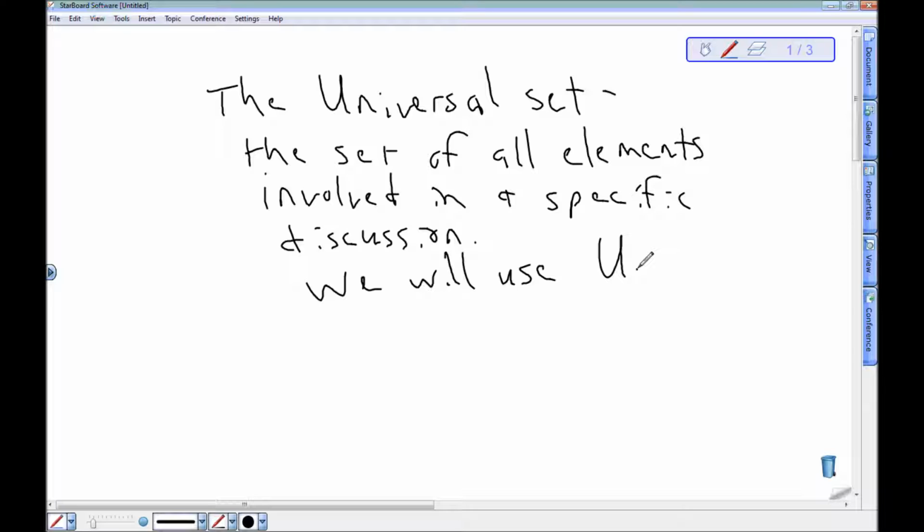Probably not, because my universal set would most likely be the set of all real numbers or the set of all complex numbers when I'm solving an equation. So limiting ourselves to a specific universal set in a discussion means that we don't have to worry about a bunch of crazy things. We just can focus in on what we want.